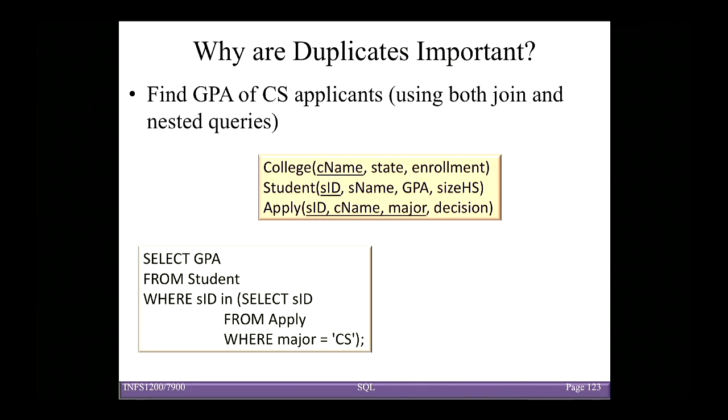So let's say that I want to find the GPA of CS applicants, and now I'm just changing that to select their GPA. And now it is important, right? Because now, if I lose one of the Craigs, then the GPA is no longer correct. And if I use 2 Helens, both are still incorrect.